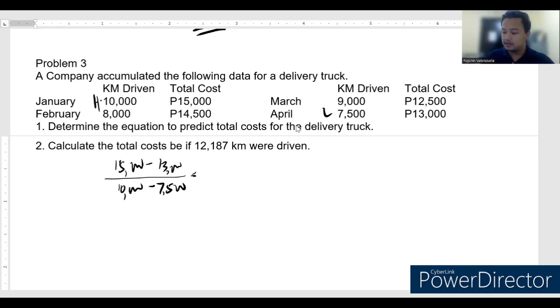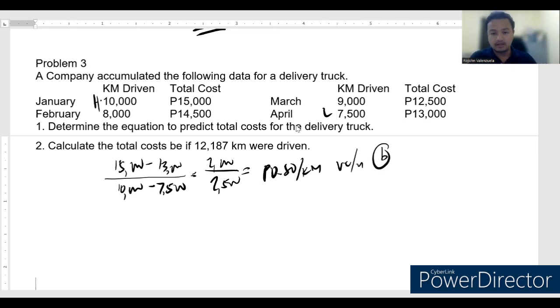So you have 15,000 minus 13,000 is 2,000, divided by 10,000 minus 7,500. That's 2,500. Okay? So 2,000 divided by 2,500, you have 0.8. So you have 0.8 per kilometer. So variable cost per unit yan. That is your B sa Y = A + BX.